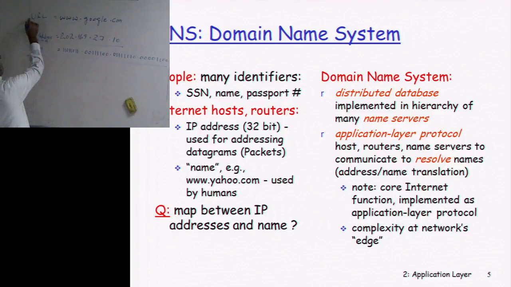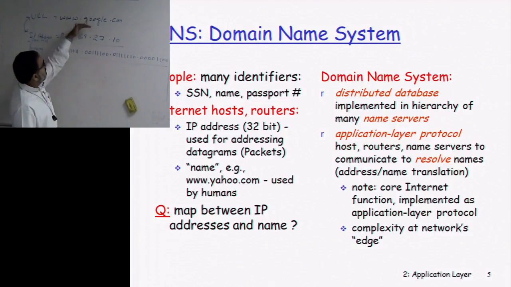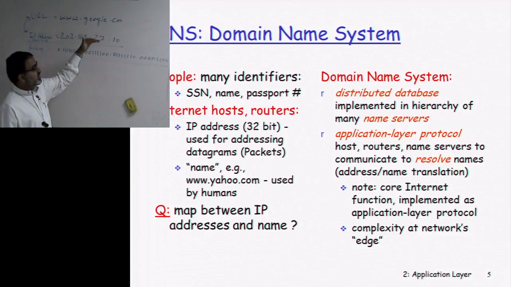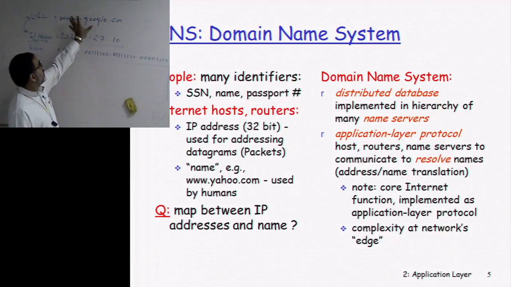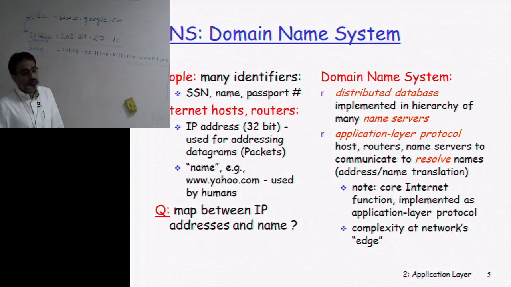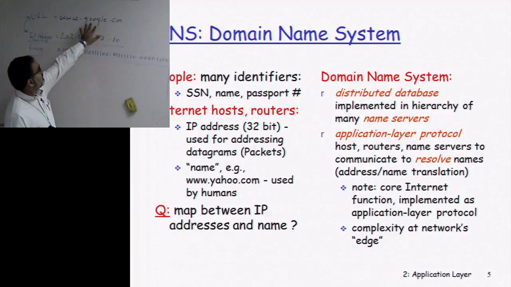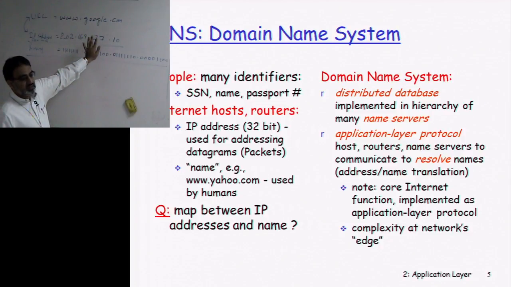So note, DNS is a core internet function which is implemented as an application layer protocol. If it is not being used, what will happen? It is very complex at the network edge to do these things. On the network edge routers, it is very difficult to do this conversion.